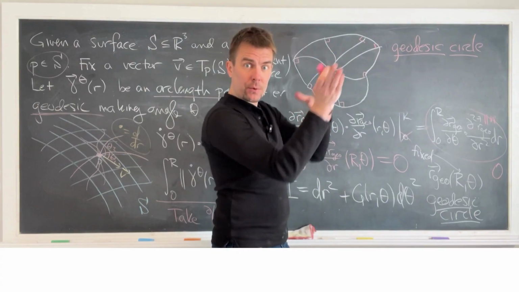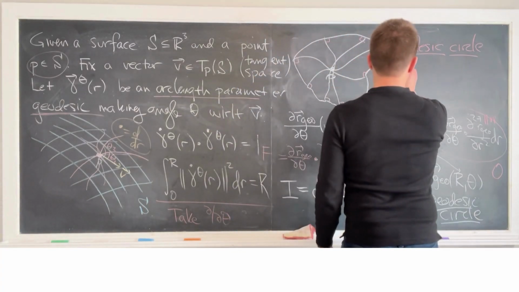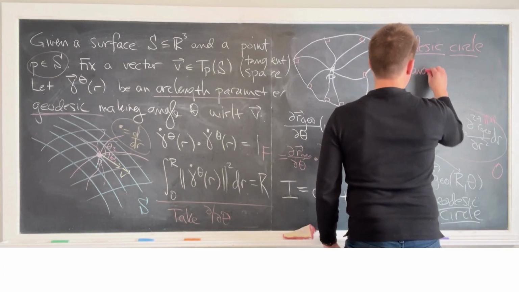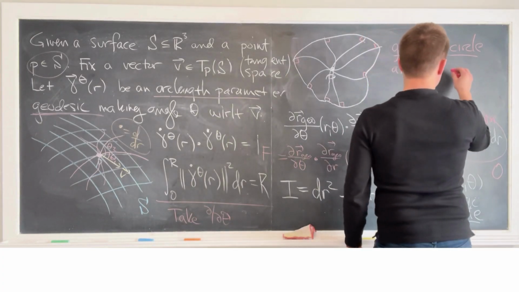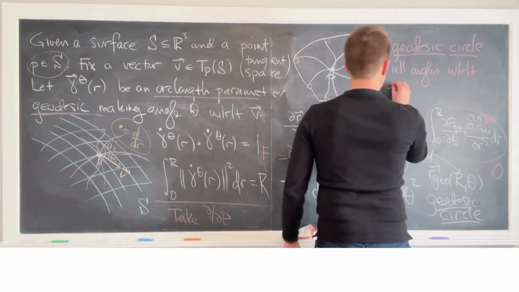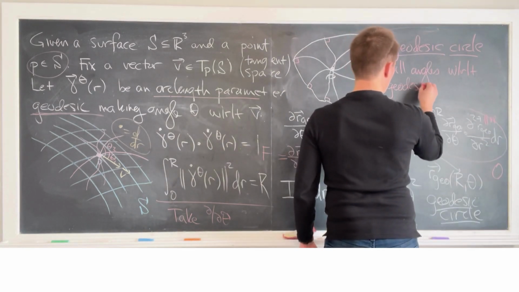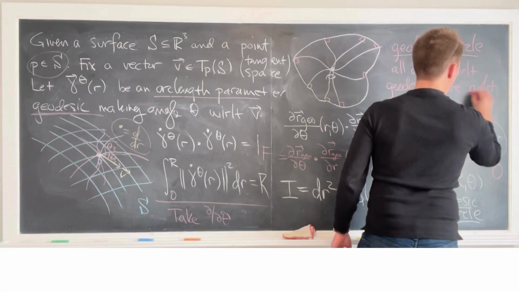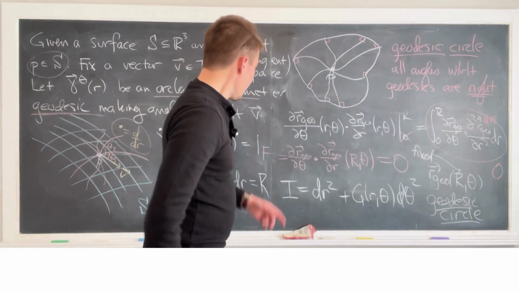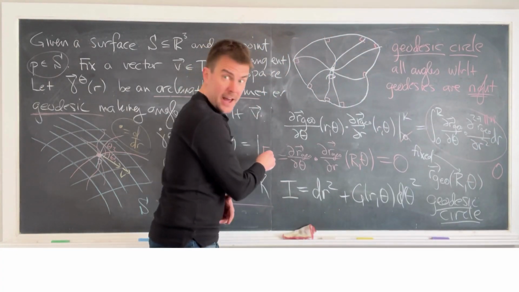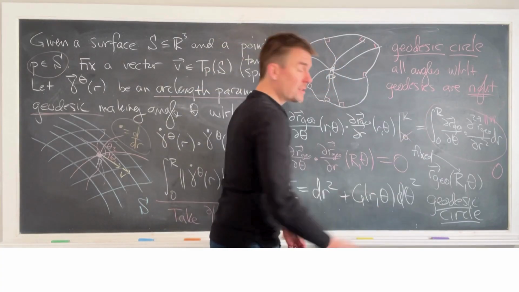All these angles are right with respect to the geodesics. And that follows from nothing more, nothing less than the fact that this F in the first fundamental form is equal to 0.